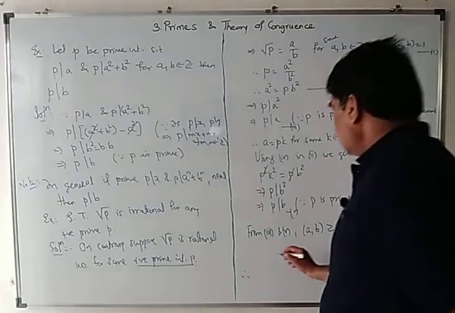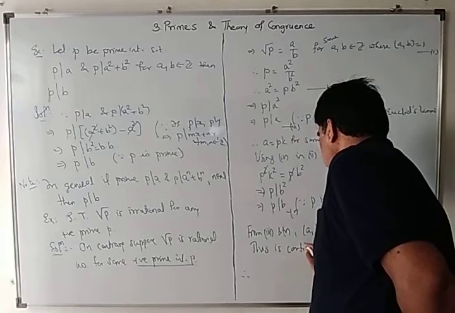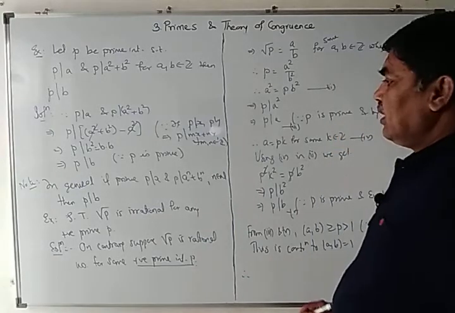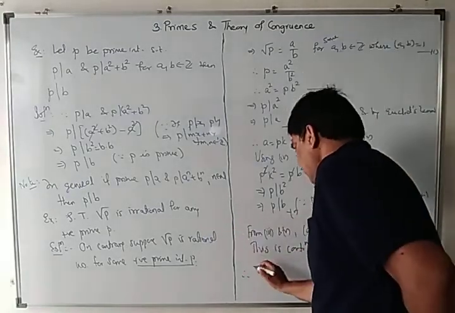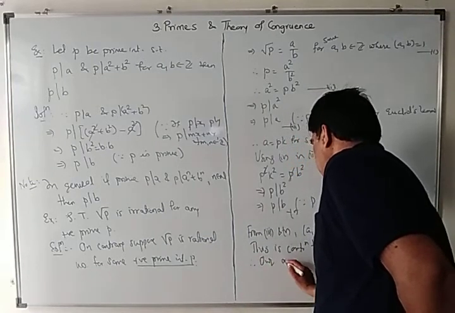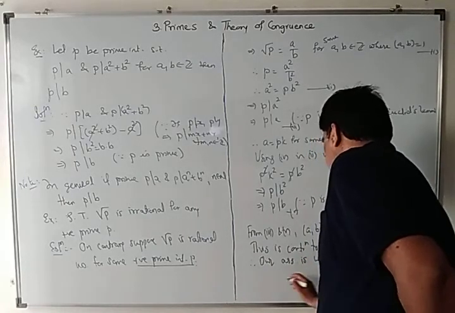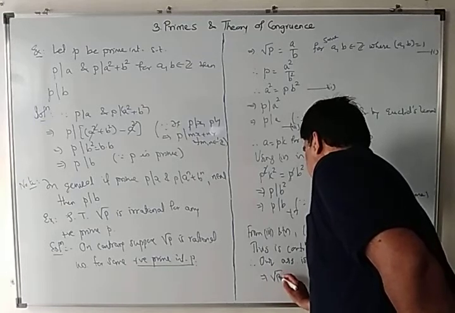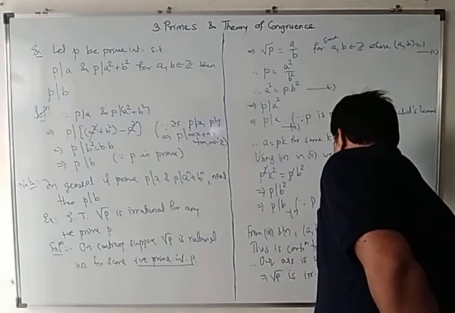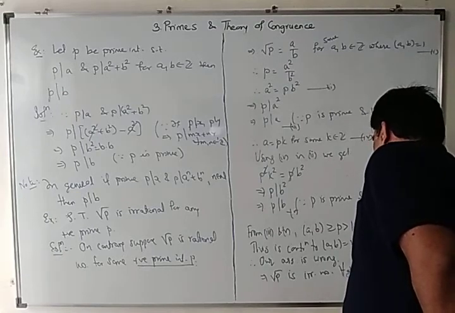This is a contradiction to GCD of A, B is 1. And therefore our assumption is wrong. Implies square root P is an irrational number for any positive prime integer P.